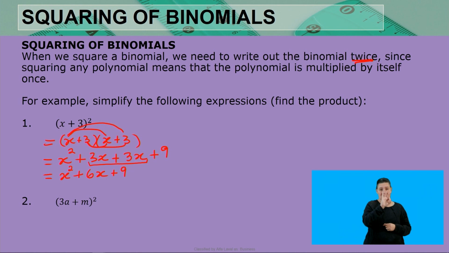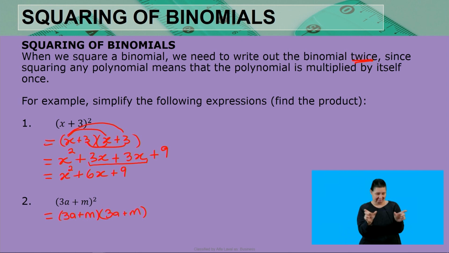The next one there we have 3a plus m squared. So same thing is going to happen. We are going to start by writing out this binomial twice. So that is 3a plus m multiplied by 3a plus m. So let's multiply. What is 3a multiplied by 3a? That is 9a squared.